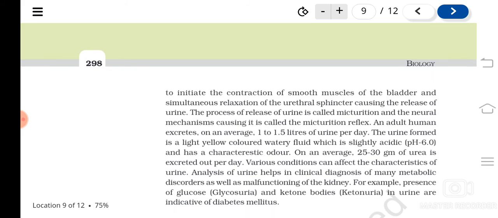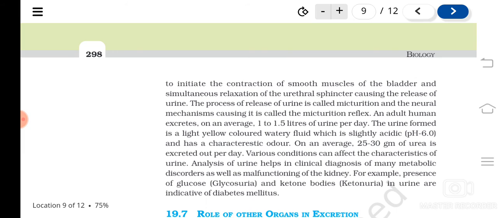This results in the relaxation of the urethral sphincter and the release of urine. This process of release of urine is called micturition.